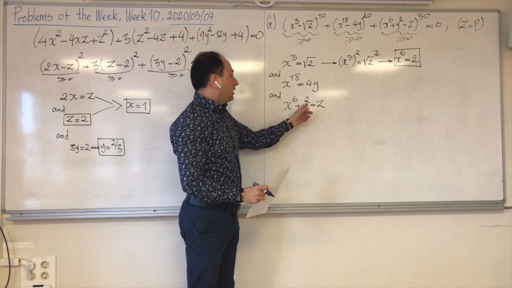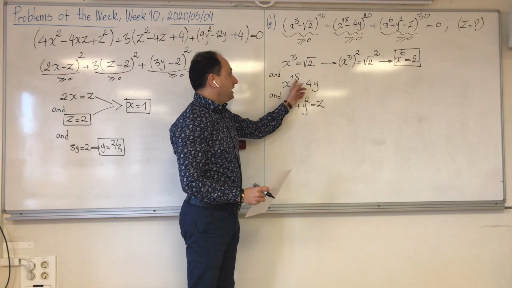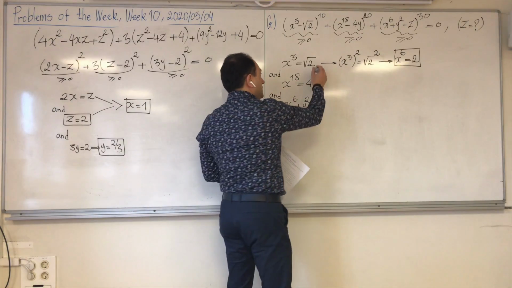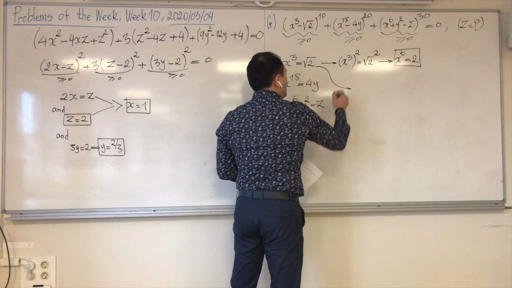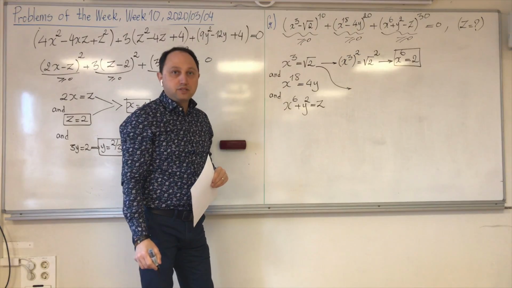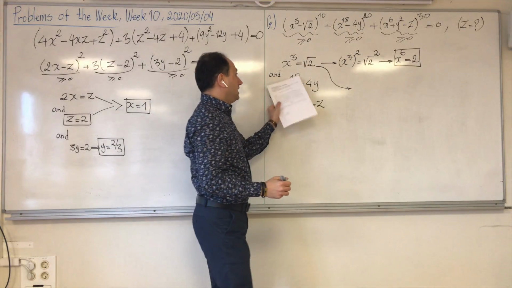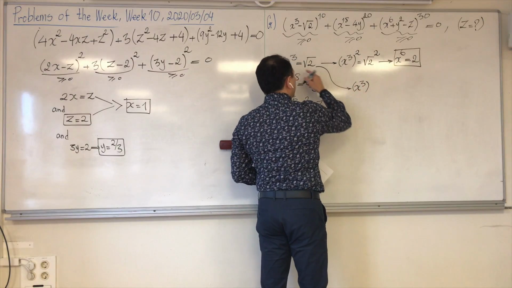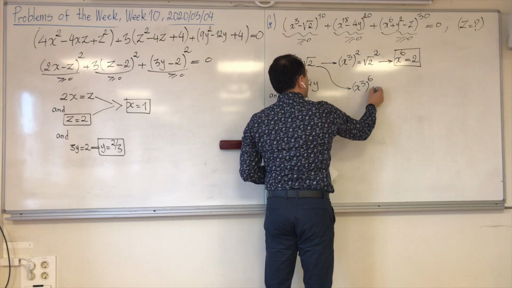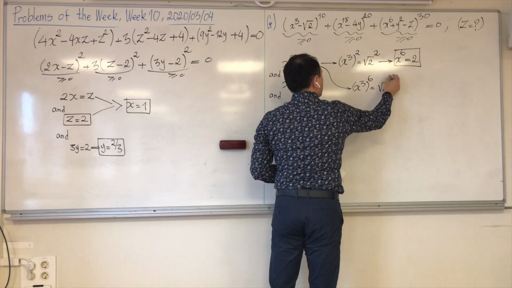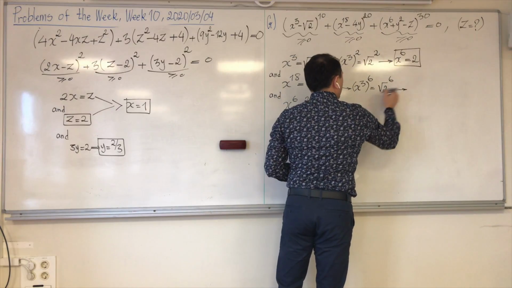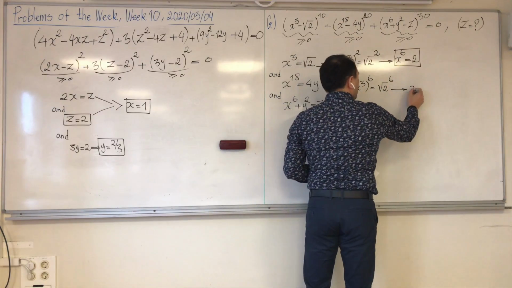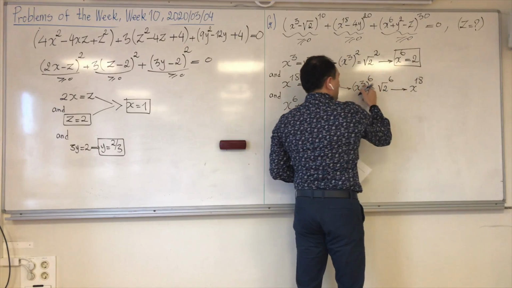For finding y, I need to know x to the 18. So this time I raise both sides to the power of 6 to make x to the 18. What I mean is that x to the 3 to the power of 6 is the square root of 2 to the power of 6. What does it mean? This is x to the 18, 3 times 6.